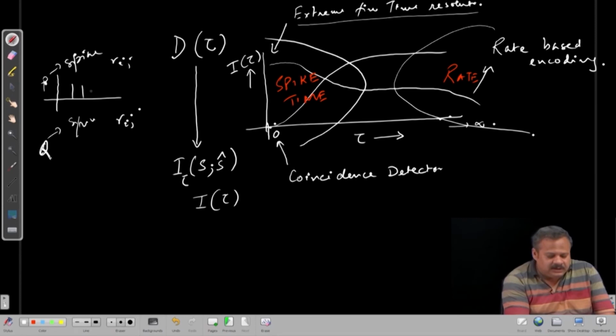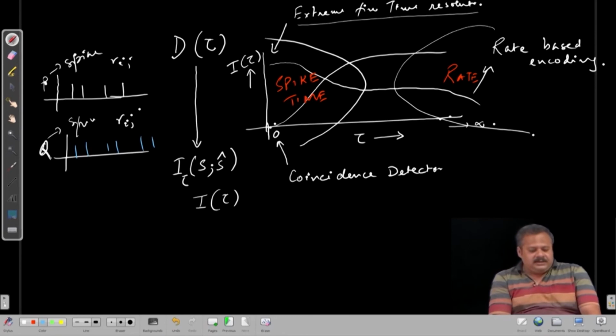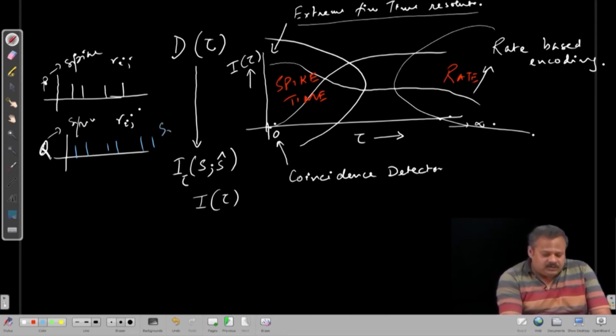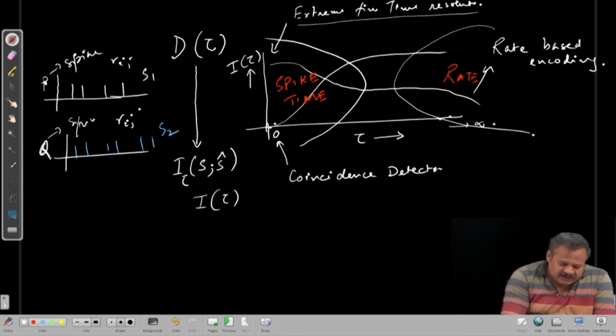So let us say these are the p spikes, and in here we have q spikes. So this is stimulus S2, this is stimulus S1, or it doesn't have to be Rij and Ri prime j prime.